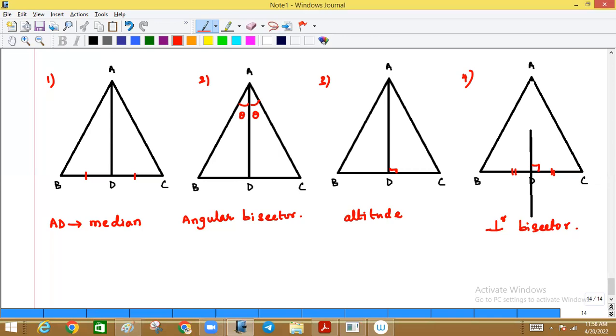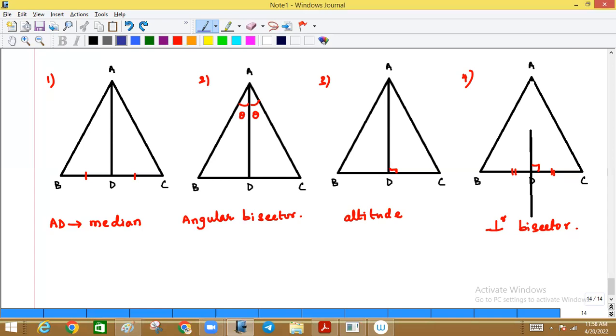So I don't know whether AD is perpendicular to BC or not. Can I say this angle is equal to this angle in the first one? No. Understood? What is true in the first one? Only that it is bisecting the opposite side. You call it median. We cannot say whether it is bisecting the angle or whether it is perpendicular to the base.